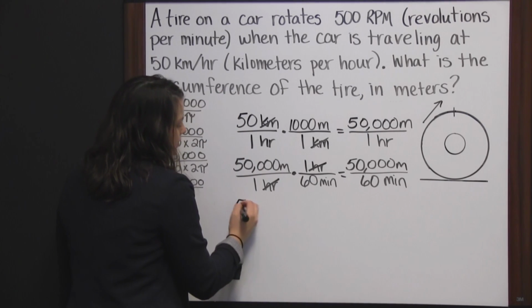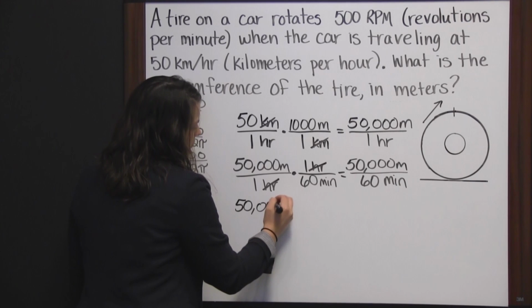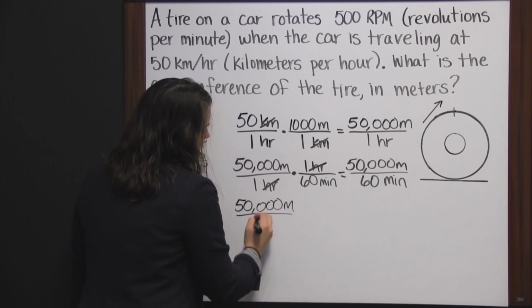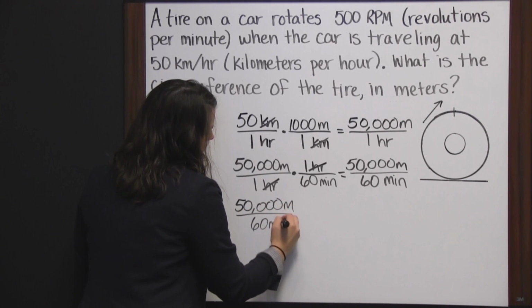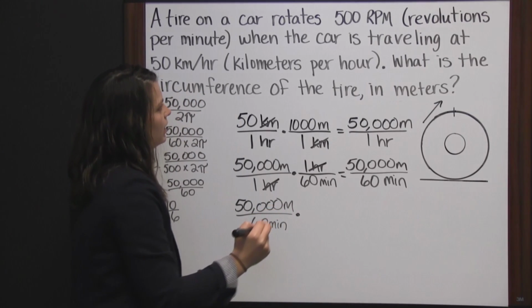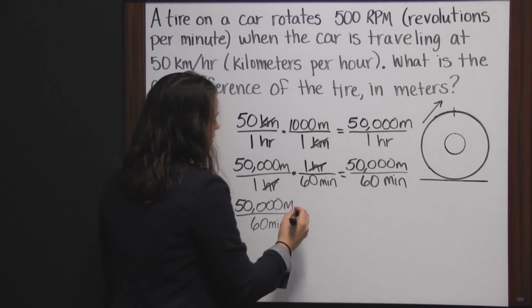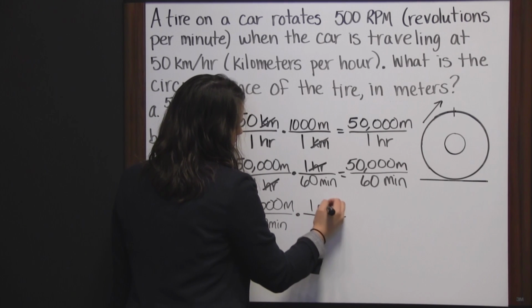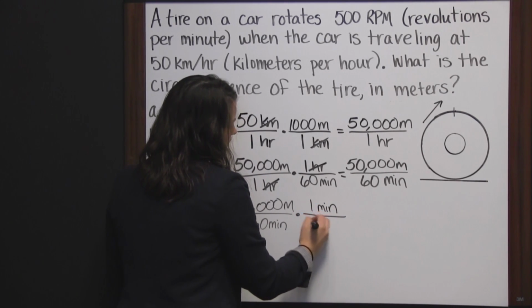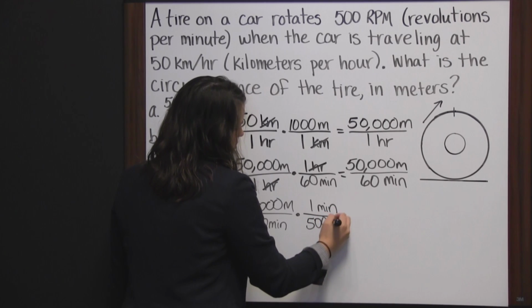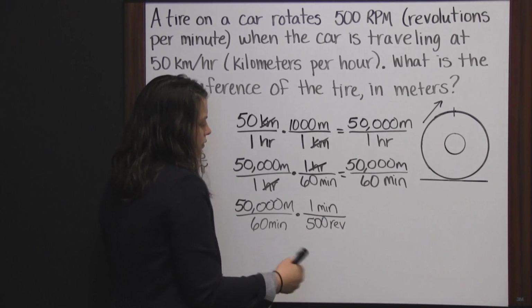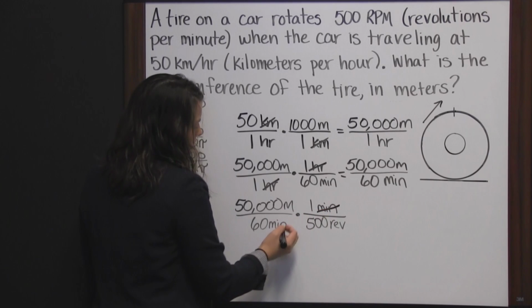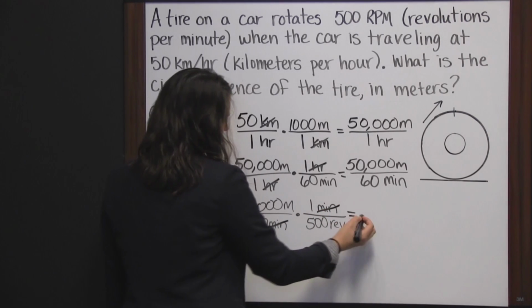So I'm going to take this 50,000 meters per 60 minutes and multiply it times my 500 revolutions per minute. So every 1 minute, the car goes 500 revolutions. So that again, my minutes cross cancel.